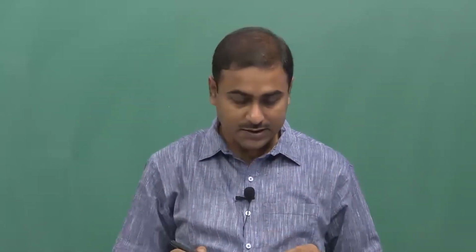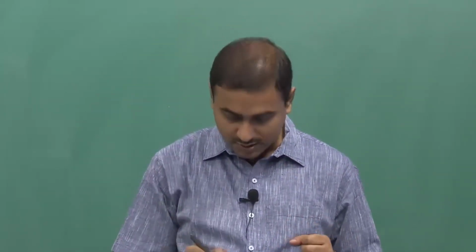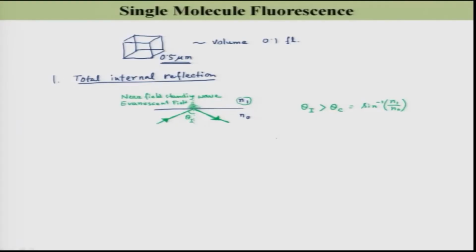This can be written as I equals I0 e to the power minus z by d, where I0 is the initial value of the field, z is the distance away from the interface, which is the variable, and d is given by lambda by 4 pi, divided by the square root of n0 square sine square theta minus n1 square.